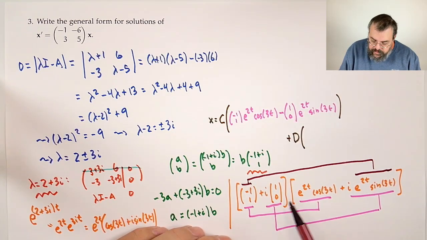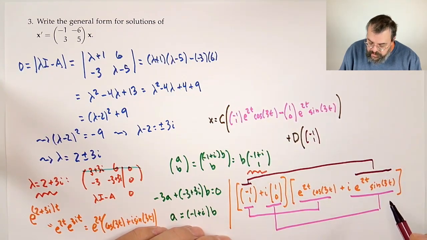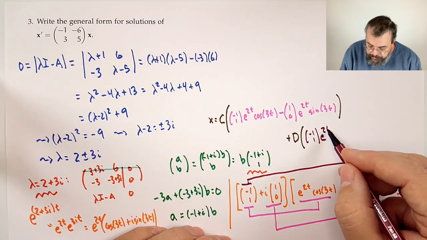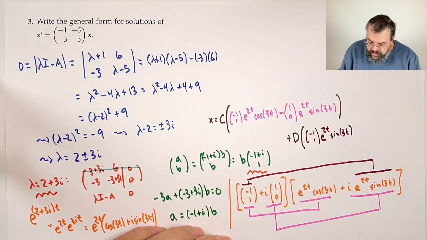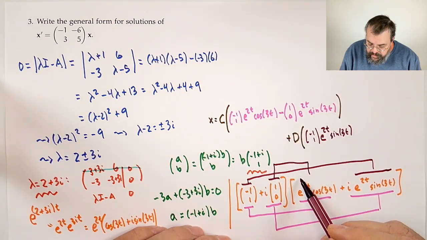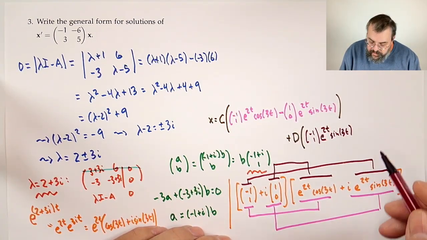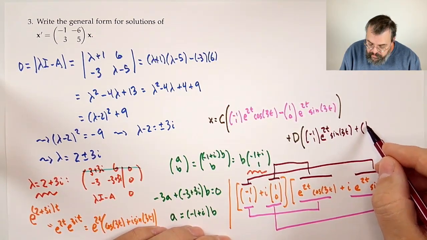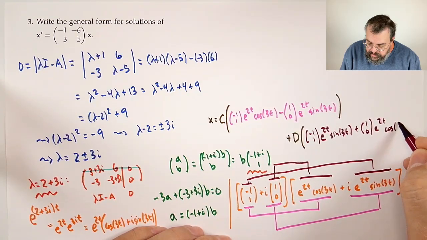We'd have minus 1, 1, e to the 2t sine of 3t, and then our inner parts, right? The outer parts, the inner parts. And so plus 1, 0, e to the 2t cosine 3t.